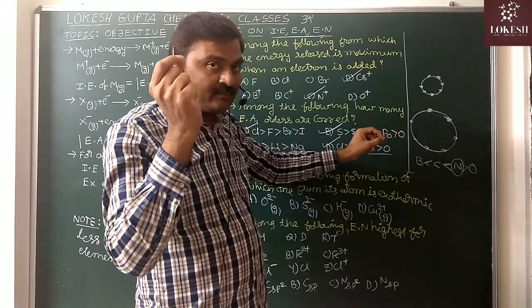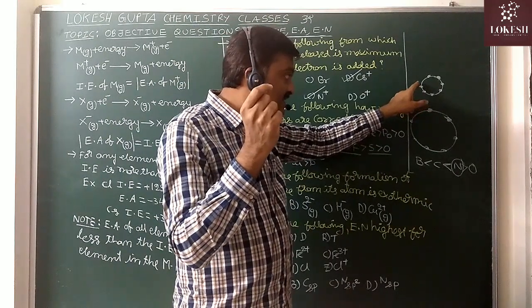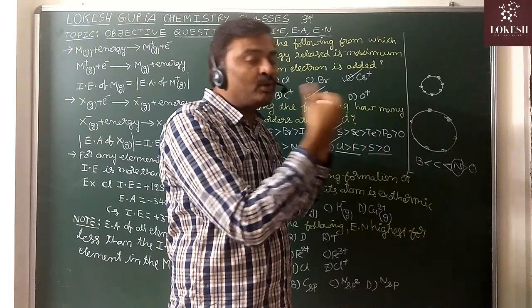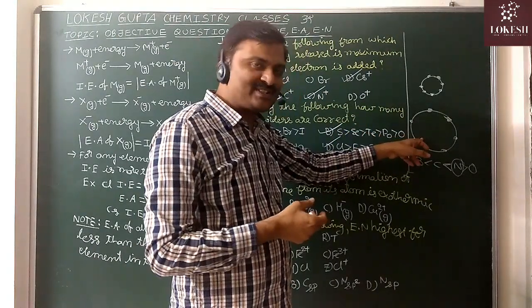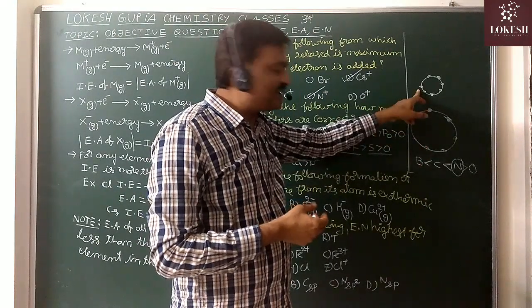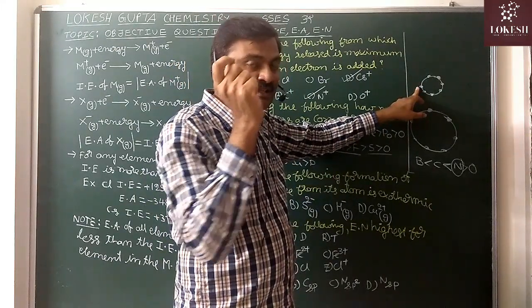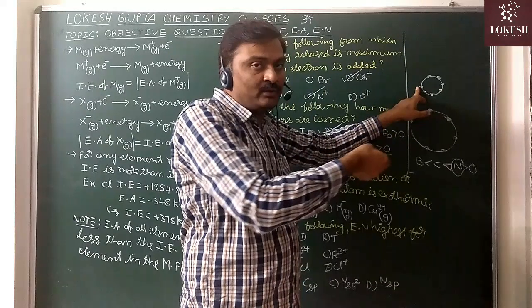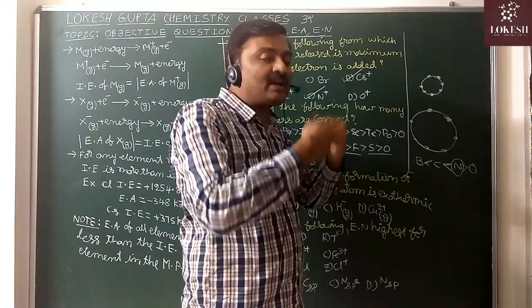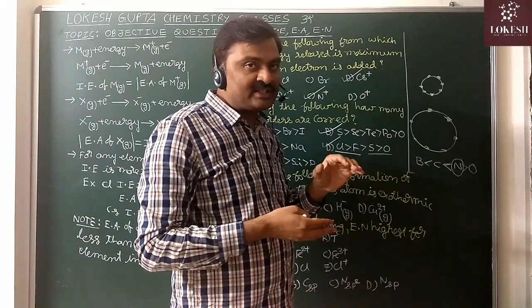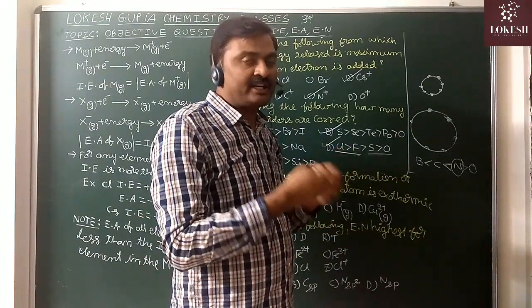So between the already existing electrons of fluorine and the incoming electron, there is a little bit more repulsion. Here also repulsions are there, but here there is a little bit more repulsion between the already existing electrons and the electron we are going to add. So some of the energy which is going to be released is utilized to overcome these repulsions.